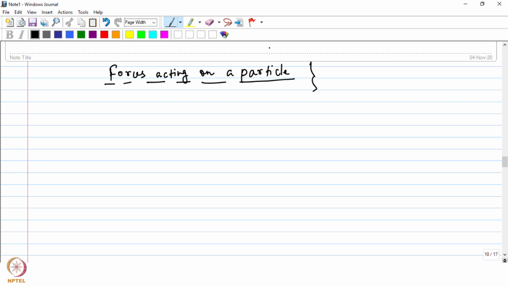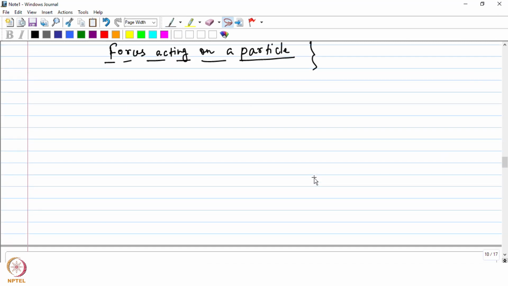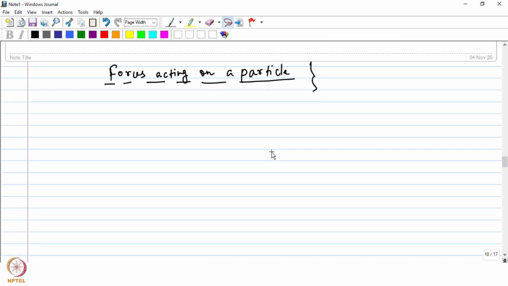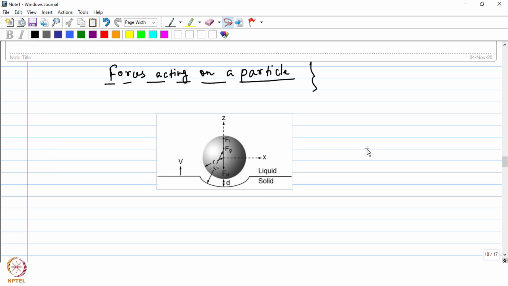So engulfing or pushing will also depend on the forces acting on the particles. So we can go back to this diagram again and look at the forces acting on the particle. So basically there are three types of forces acting on a particle which is having a relative motion with respect to the melt.